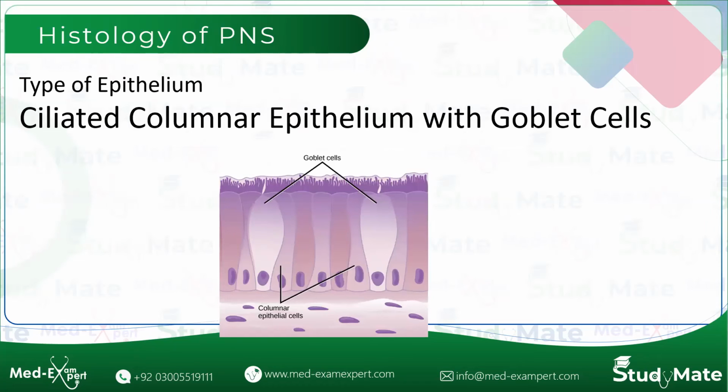Then this is the last slide of the histology of the paranasal sinus. So you only need to remember this one statement that what is the type of epithelium of the paranasal sinus.